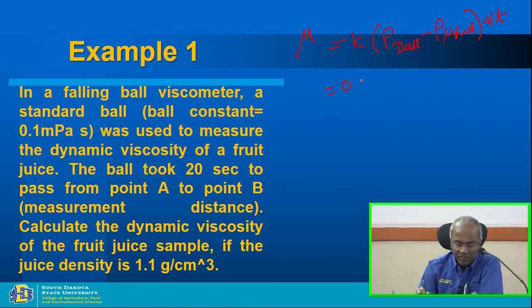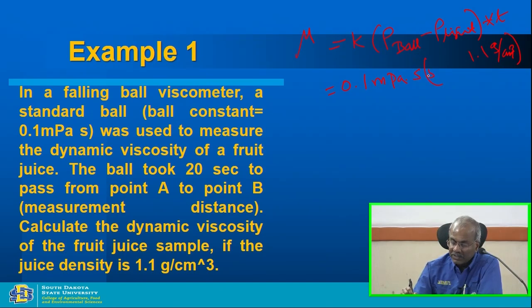K is 0.1 millipascal times second. The density of the juice is given as 1.1 gram per centimeter cube.